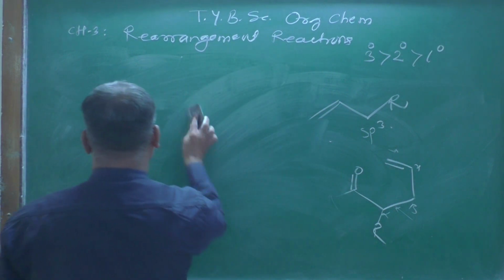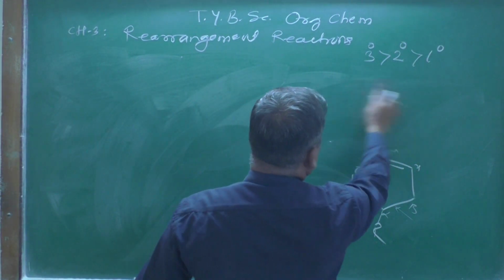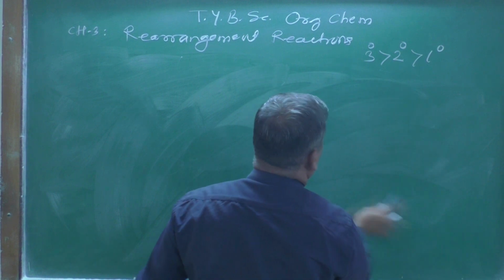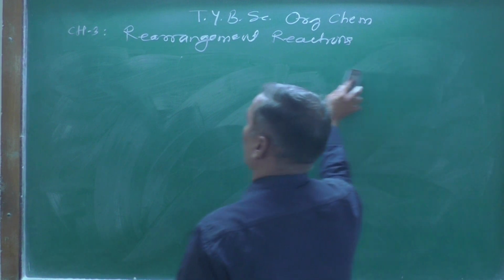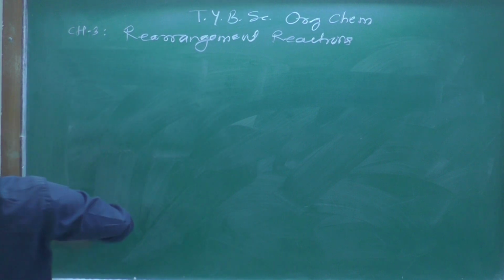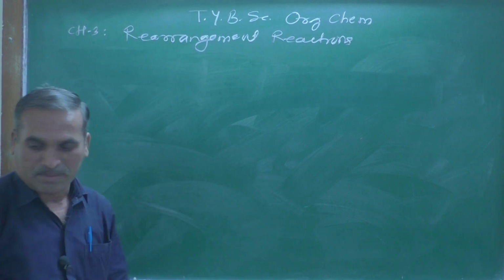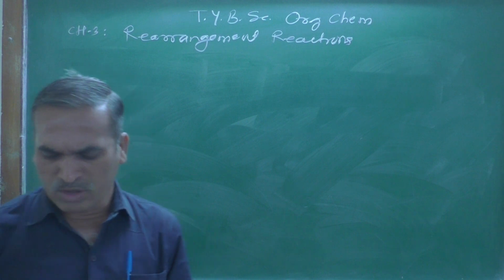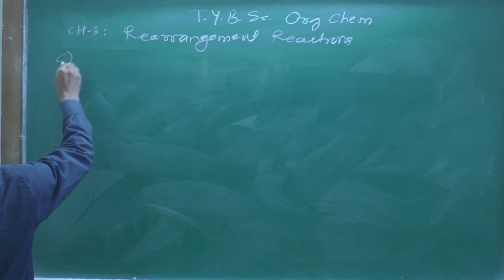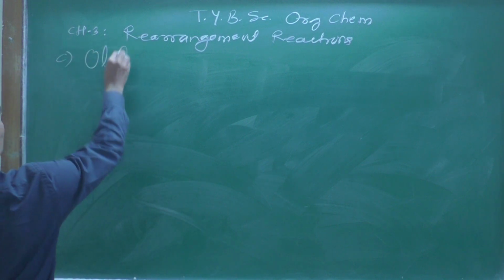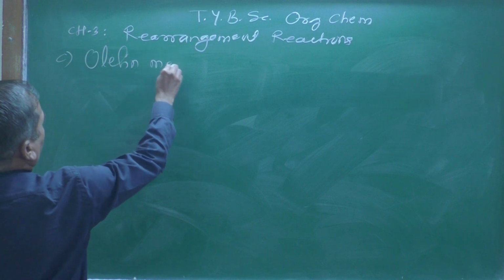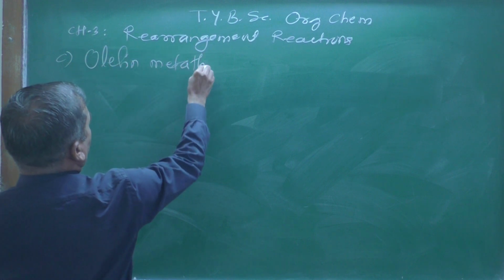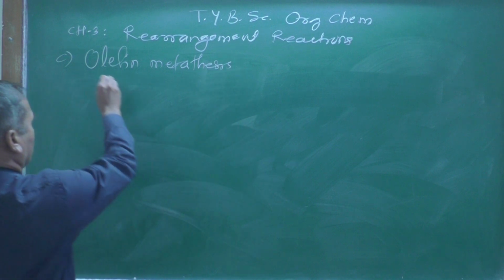Now let us move on to the third reaction, which is the olefin metathesis reaction. Third one, that is the C type of reaction, is called olefin metathesis.